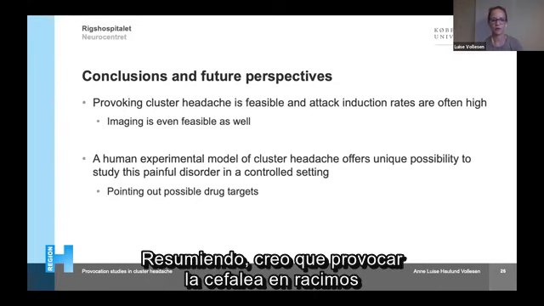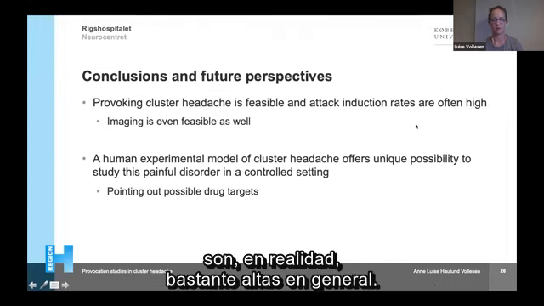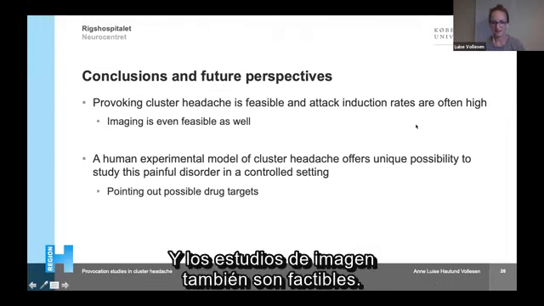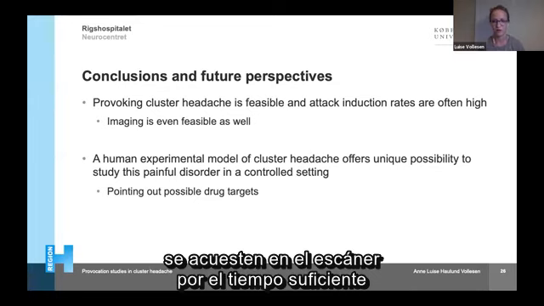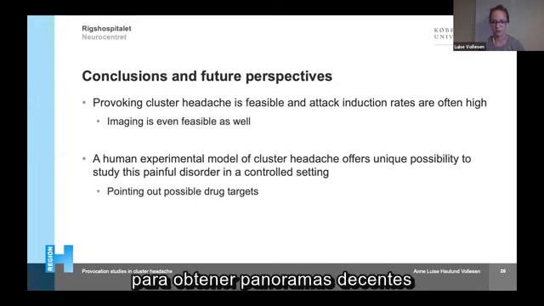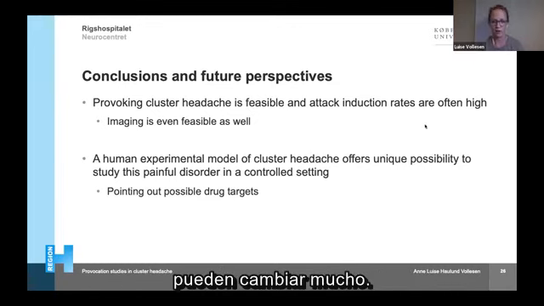So all in all, I think provoking cluster headaches is absolutely feasible, and the attack induction rates are often quite high, and imaging studies are even feasible as well. I'm so intrigued how they get the patients to lie still in the scanner for long enough to get decent pictures during an attack where the patients can be moving around quite a lot.